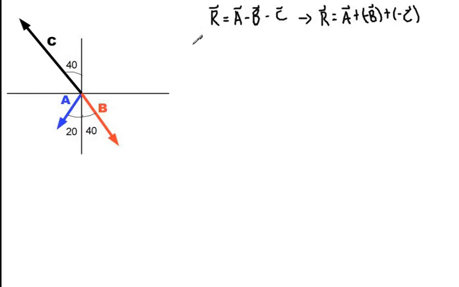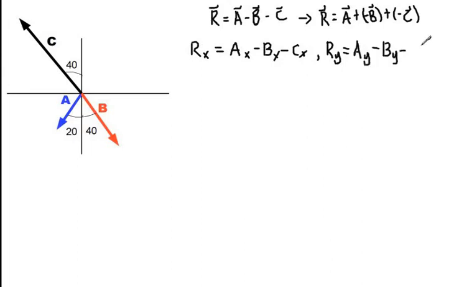So, ang atong Rx ug Ry karon is express ani, Rx is equal to Ax minus Bx minus Cx. And at the same time, ang atong Ry kay equal to Ay minus By minus Cy. Then atong kuhaon ang values sa Rx.